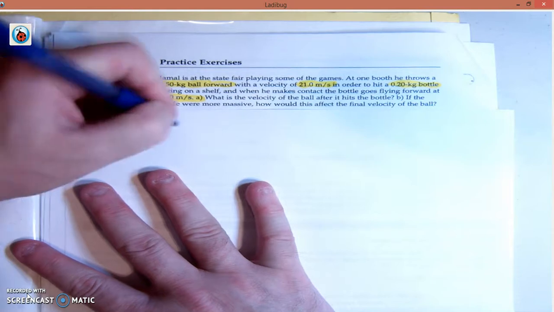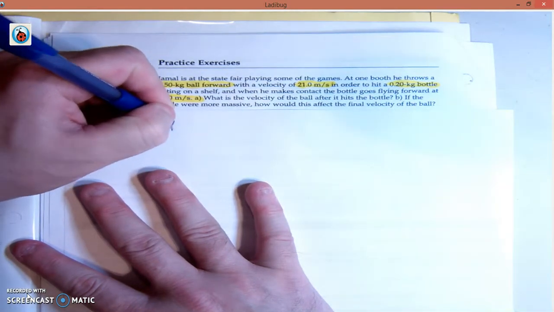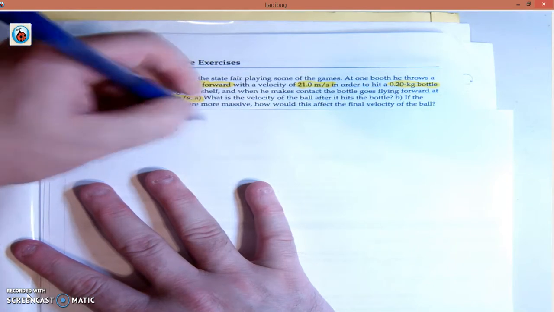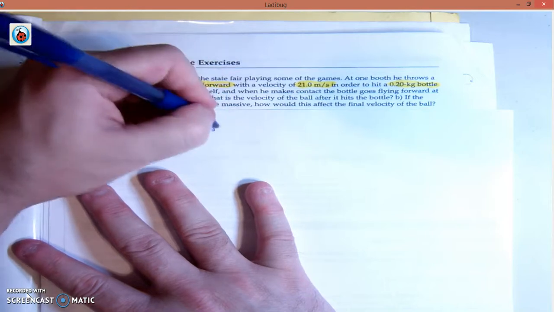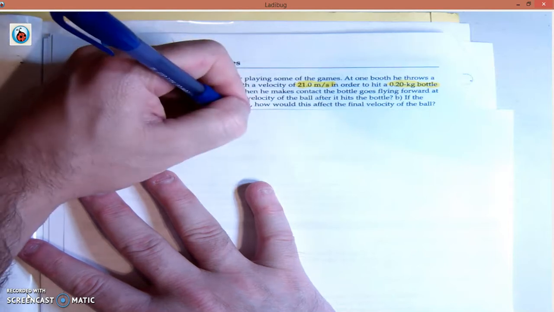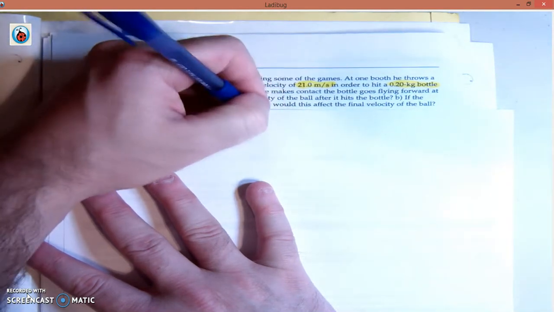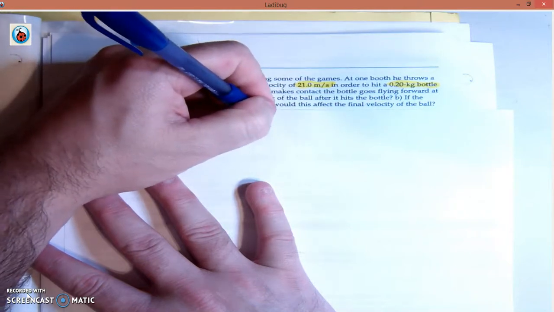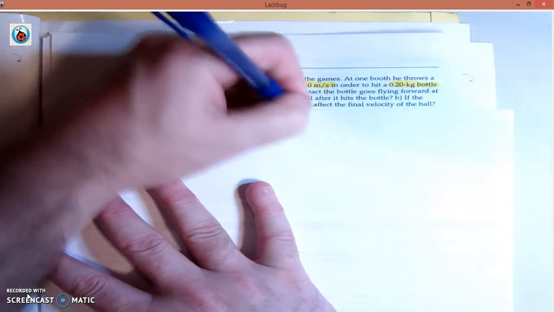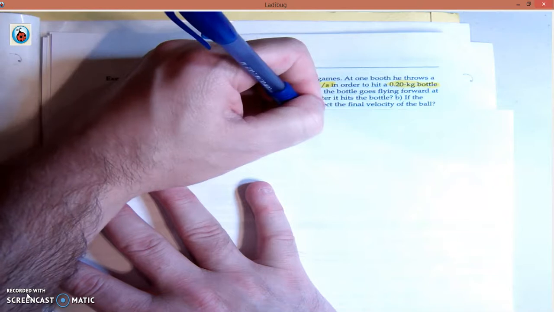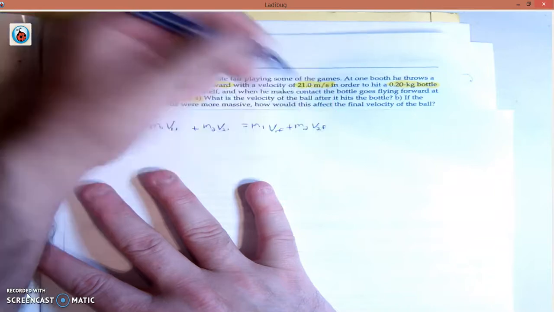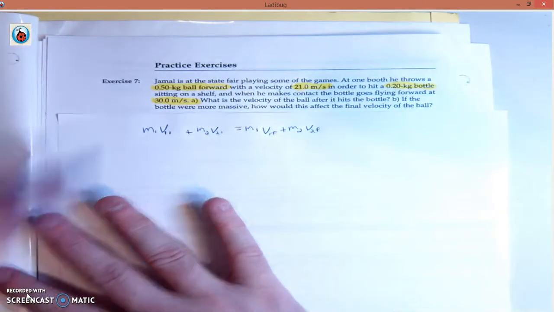Mass of object 1 times the initial velocity of the object, plus mass of object 2 times the initial velocity of the object, equals mass of object 1 times the final velocity of the first object plus mass of object 2 times object 2's final velocity. I know it's a lot of stuff. It's like a mouthful, right? So here we go. Let's plug it in.